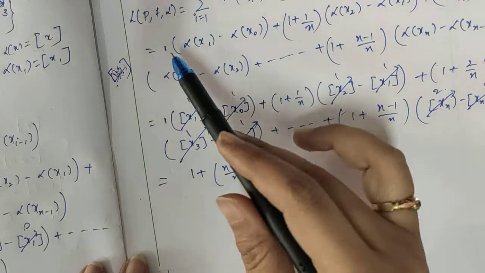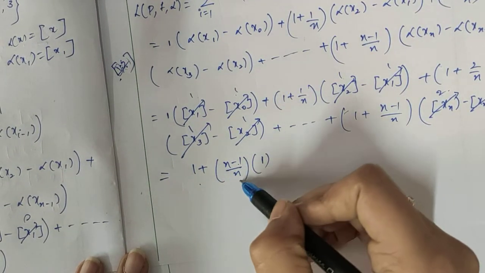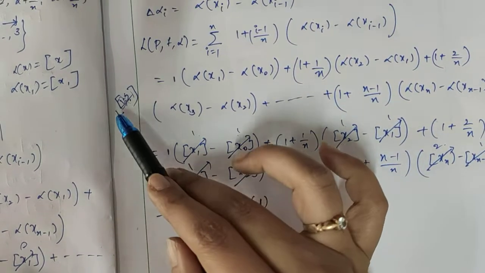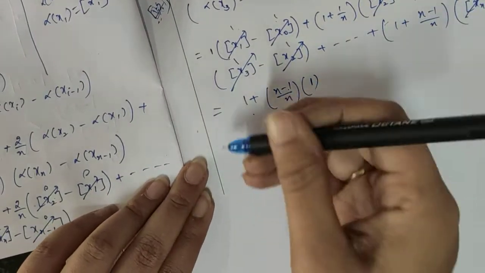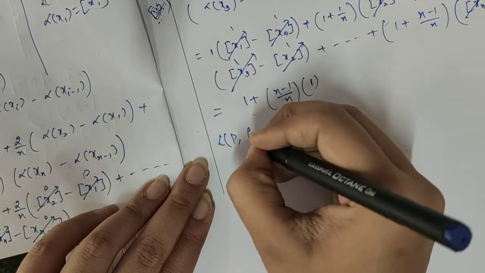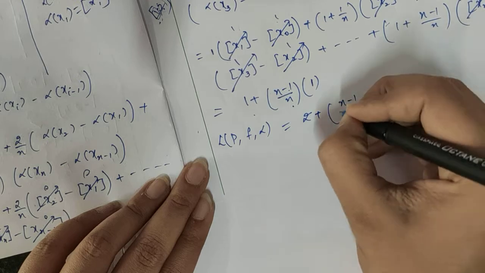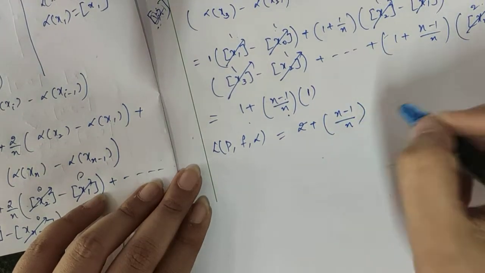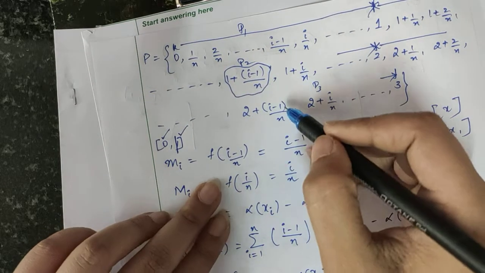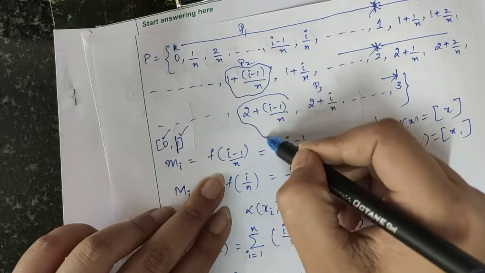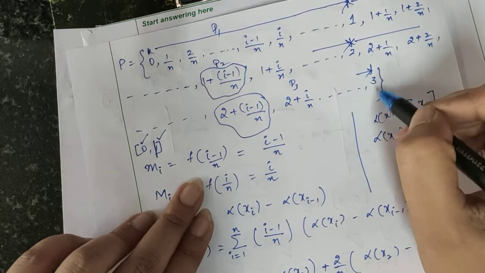So your L of p comma f comma alpha is equal to 1 plus n minus 1 by n for the interval 1 comma 2. Similarly, you can check for the next interval, where L of p comma f comma alpha, you will be getting 2 plus n minus 1 by n. Check this, you will get the result. You are supposed to do this for mi, and this will be your value because we are considering the interval from 2 to 3.